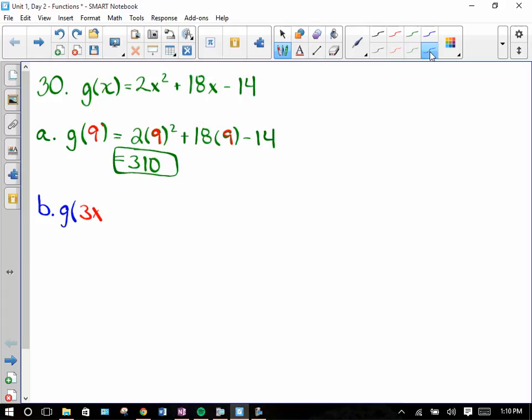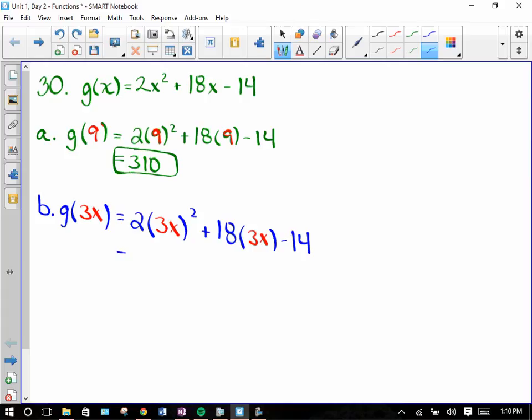So this is equal to 2 times 3x, that's squared, plus 18 times 3x, and then minus 14. All right, so again, we plug that in, and we have to simplify this now.